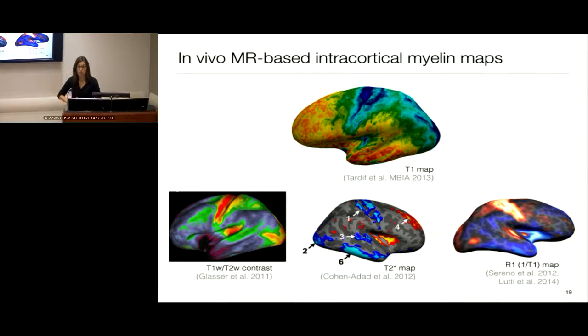Jean-Claude Haddad looked at T2 star maps. And I've also seen work looking at MT-SAT on the cortex, as well as more recently, diffusion imaging of the cortex that also shows this contrast. So it's really, I think, a field that has emerged over the last couple of years.